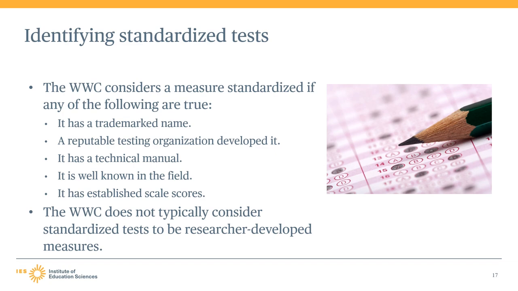The WWC also considers measures with technical manuals to be standardized. Well-known measures for the field and those with established scale scores are also typically standardized tests. Finally, the WWC considers state and district achievement tests to be standardized measures.